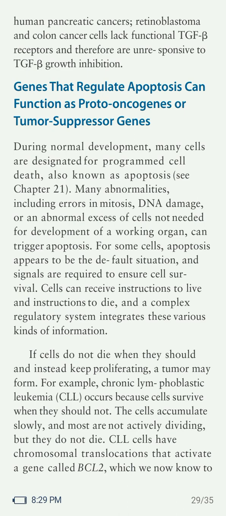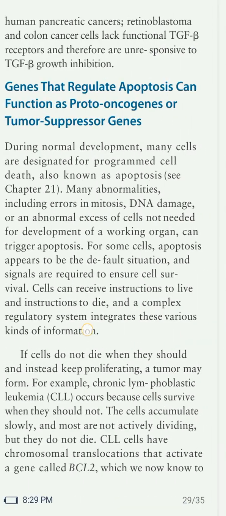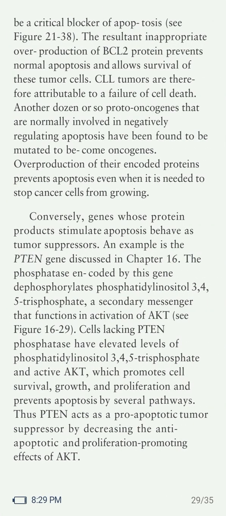CLL cells have chromosomal translocations that activate a gene called BCL2, which we know to be a critical blocker of apoptosis. The resultant inappropriate overproduction of BCL2 protein prevents normal apoptosis and allows survival of these tumor cells.